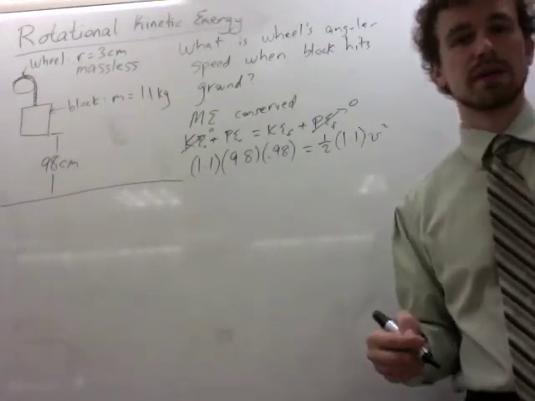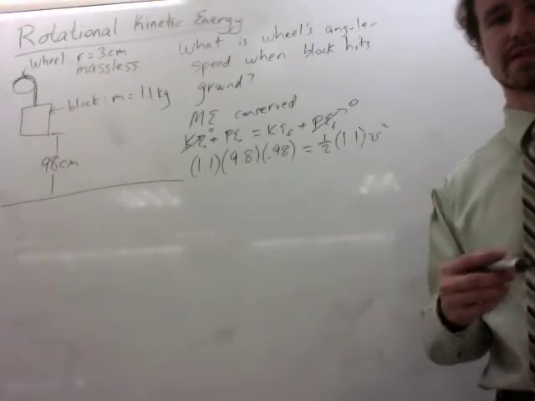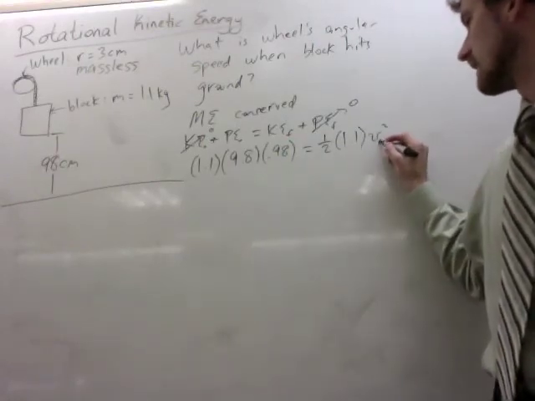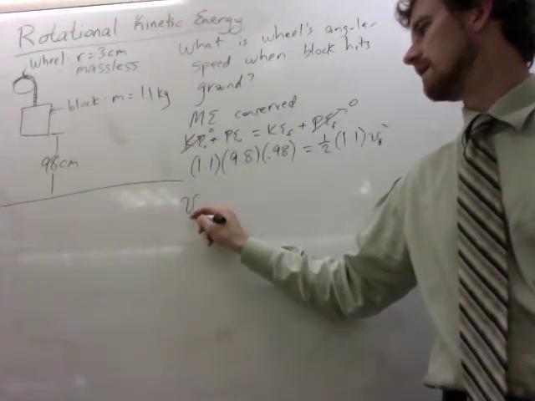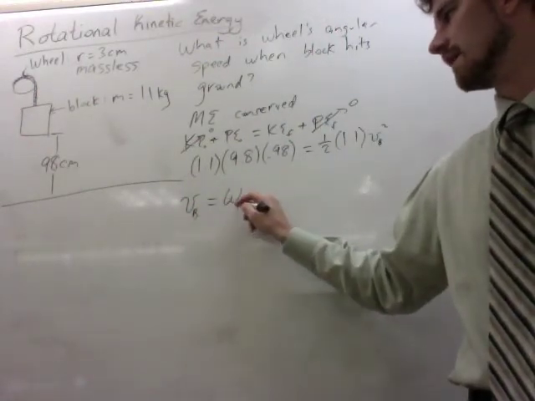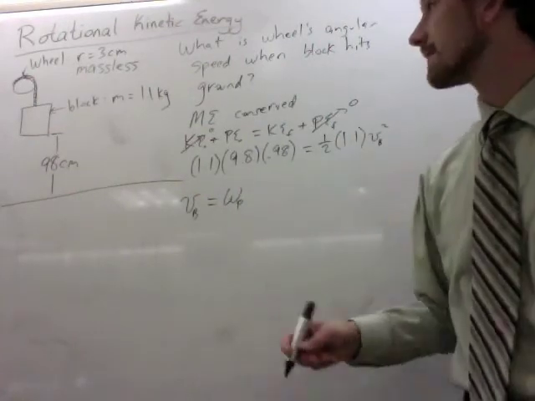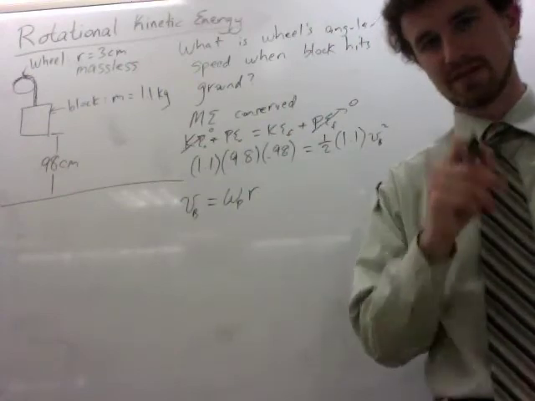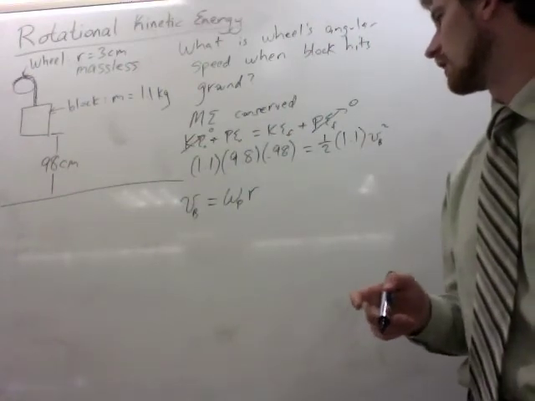Because this pulley is uncoiling as the rope is let out, the velocity of the block is related to the angular velocity of the pulley by the same relationship that we've been working with, v equal to omega r.